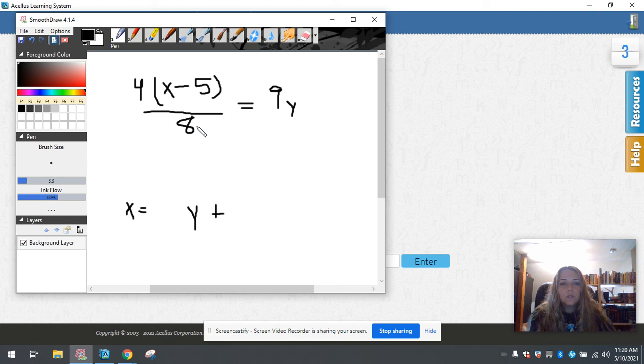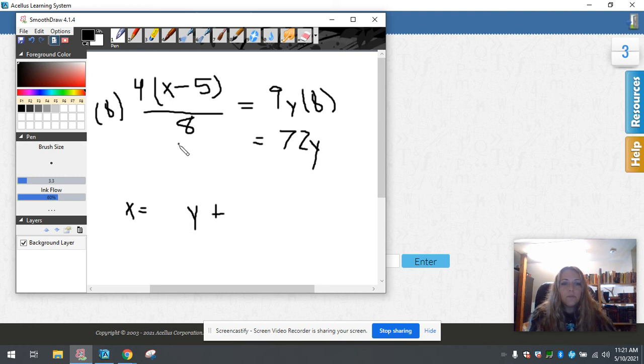Okay, so let's get x by itself. We're going to undo this division of 8 by multiplying both sides by 8. So if I do that, 9y times 8 is 72y. 9 times 8 is 72.